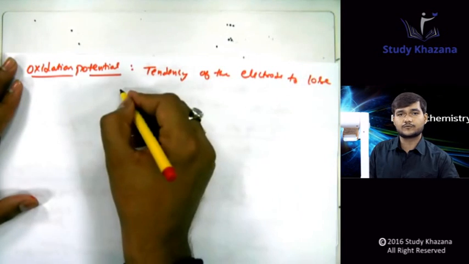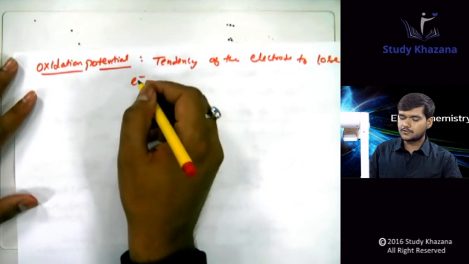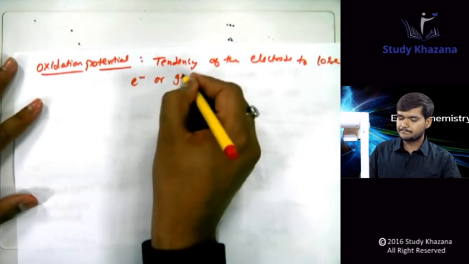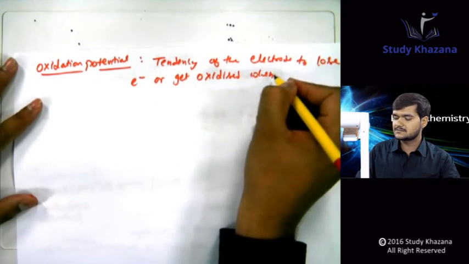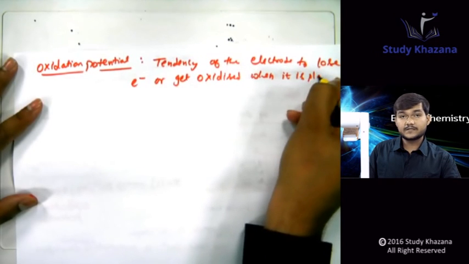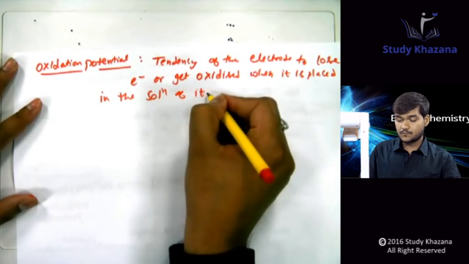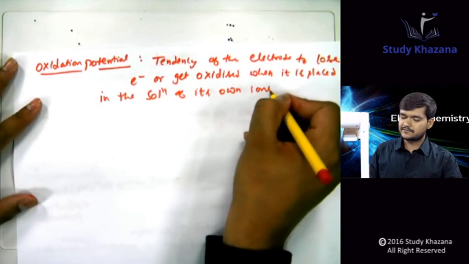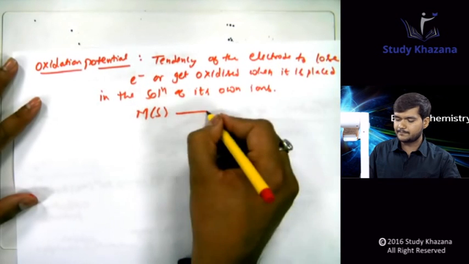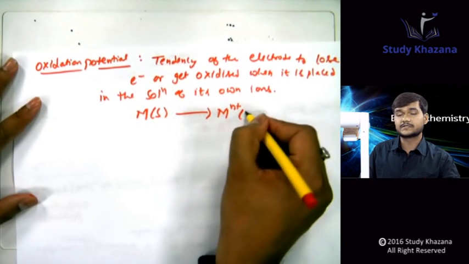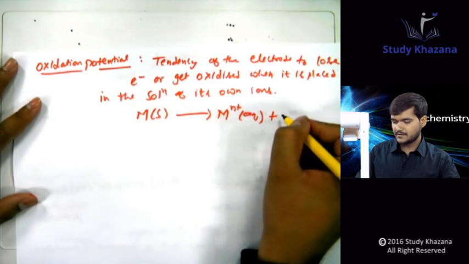When it is oxidation, the electrode will always lose electrons. So, the tendency to lose electrons or to get oxidized when it is placed in the solution of its own ions. A general oxidation reaction: M is your metal and will convert into Mn+. I don't know what the charge is, so I have put it as n+, and if the charge is n+, then n electrons.